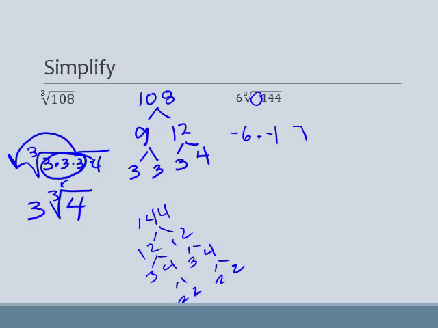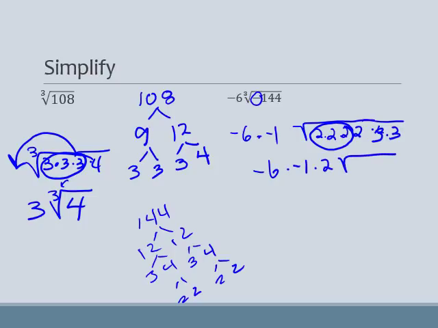So 144 can be written as 2 times 2 times 2 times 2 times 3 times 3. So I'm going to pull out my 2's. So -6 times -1 times 2, and inside is 2 times 3 times 3. If I multiply that out, I get +12 times the cube root of 18.